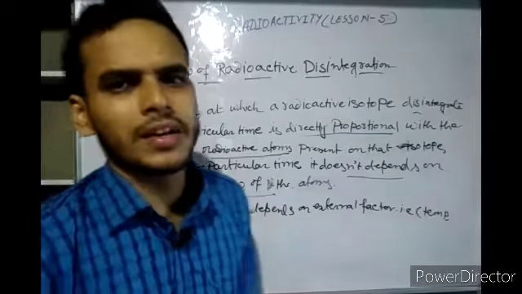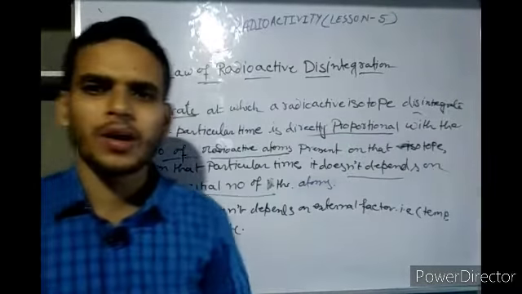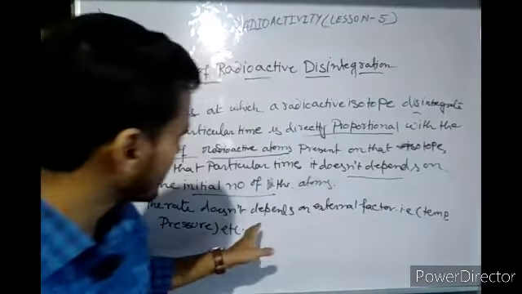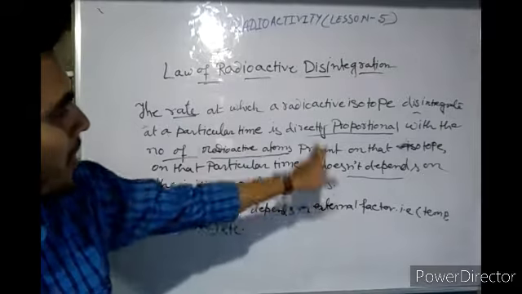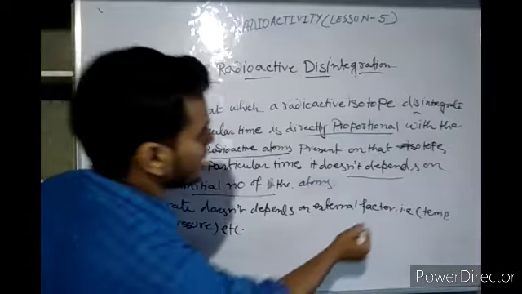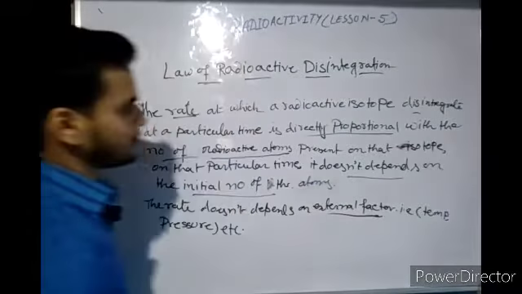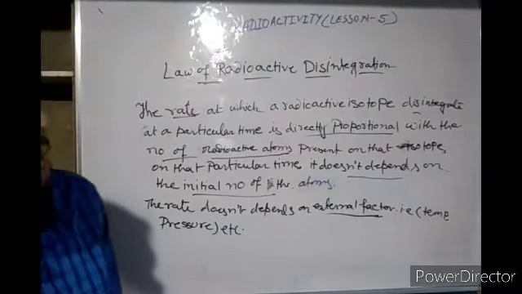We know that radioactive property is an internal property, a nuclear property. From the definition we have known that. So the rate of disintegration of a radioactive isotope does not depend on external factors like temperature and pressure. Okay.